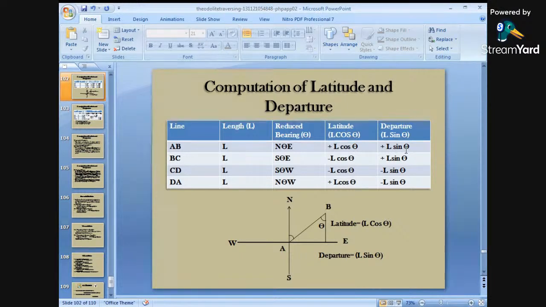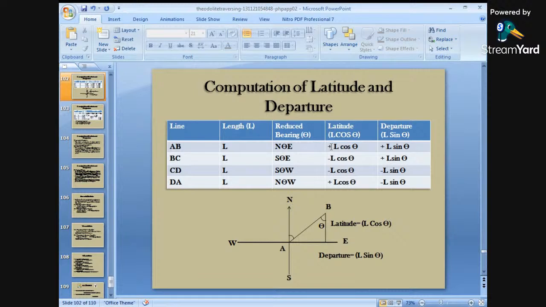In case of the second quadrant, that means the southeast part, it will be minus L cos theta and positive L sin theta. In case of the southwest side, it will be minus L cos theta and minus L sin theta. And in the northwest direction, it will be L cos theta and negative L sin theta. So this is how the quadrants represent latitude and departure and when you have to take them positive.